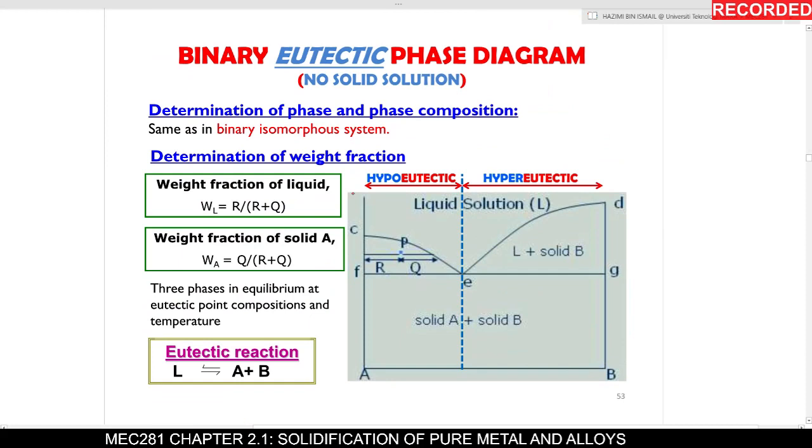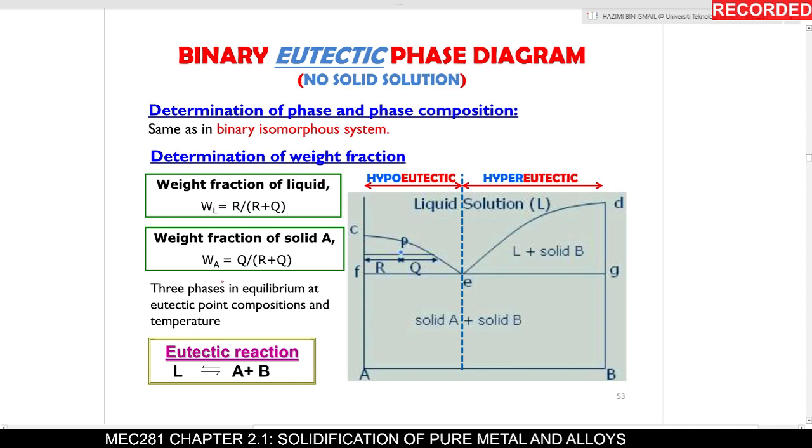This is an example of a eutectic phase diagram. How to determine phase and phase composition is very similar to the isomorphous phase diagram that we learned in the previous video. This is the equation.